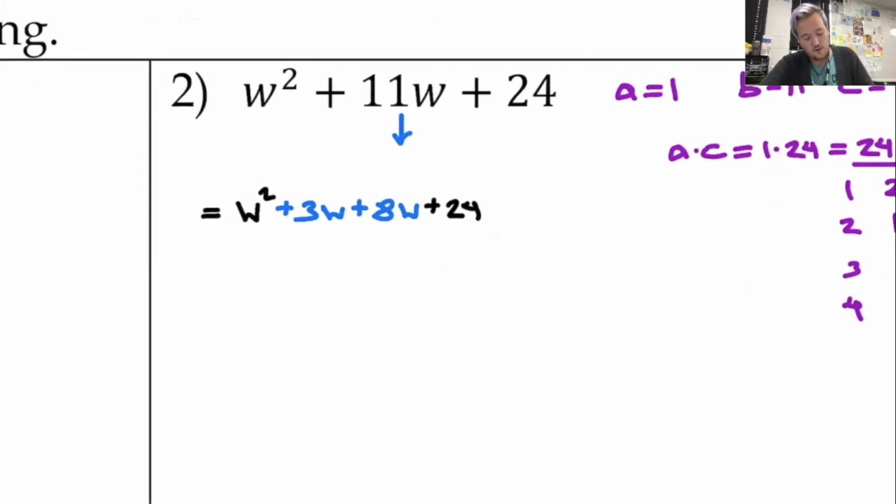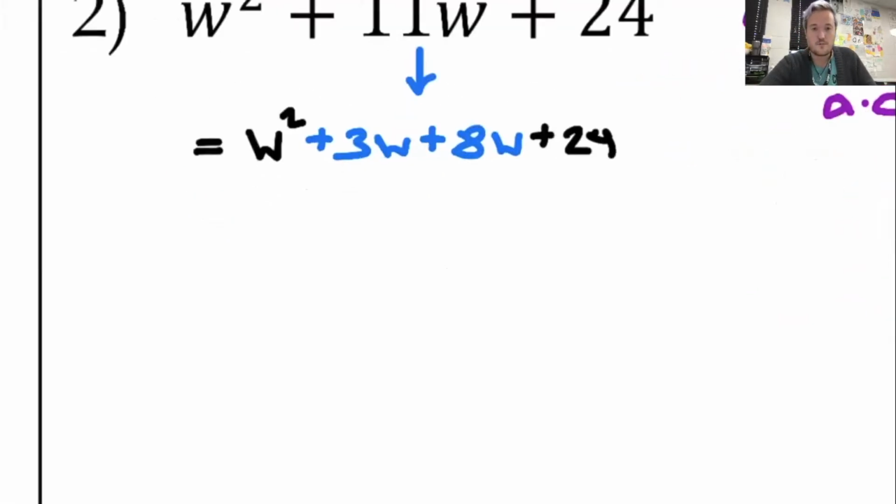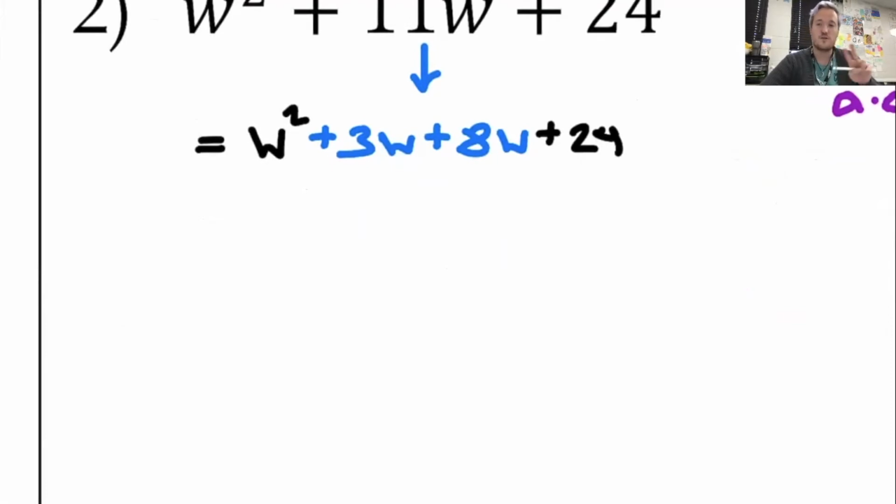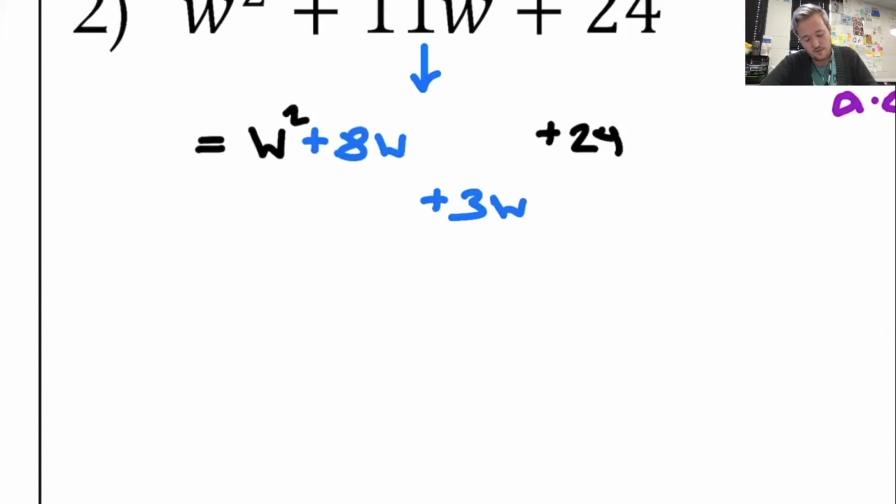So one question that pops up every time is, does it matter which one of those factors I write first? Would it matter if I write the 8W first instead of the 3W? Does it change the answer? No, it doesn't. All it does is flip which binomial is in the parentheses. So you should get the same thing either way.